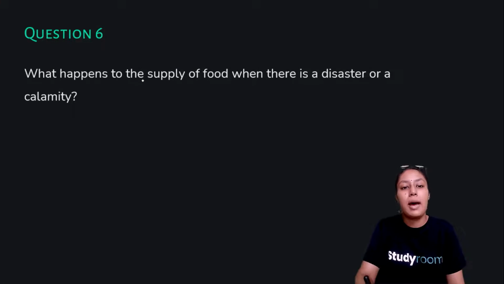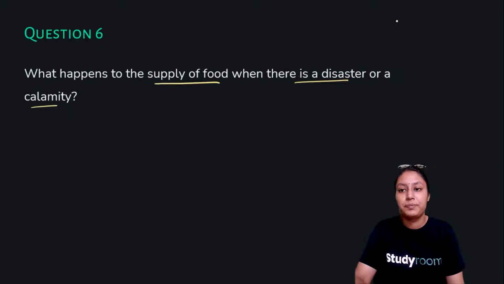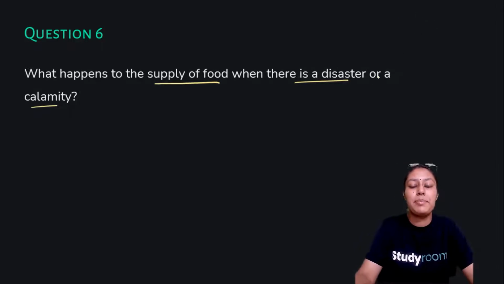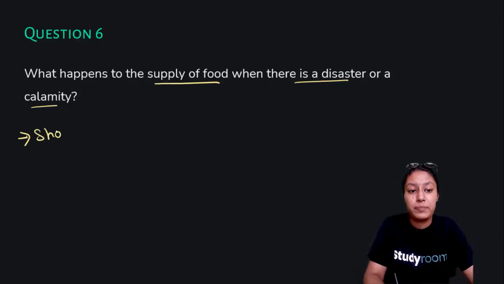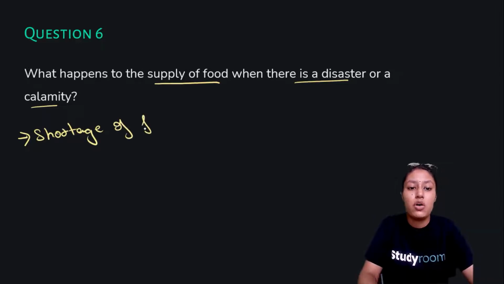Next question: what happens to the supply of food when there is a disaster or a calamity? Where do you think food comes from at that time? So what happens in that case? Firstly, there is shortage of food. Definitely, if there is no food supply, there is shortage of food. And if there is shortage of food, it will lead to a hike in price.